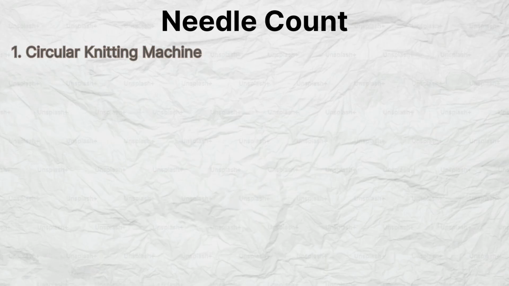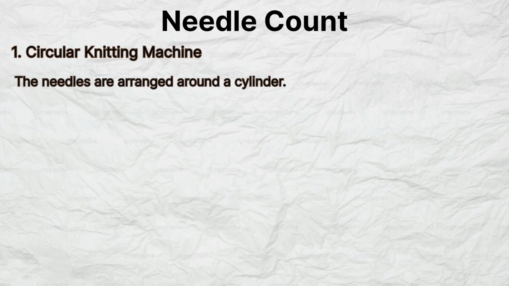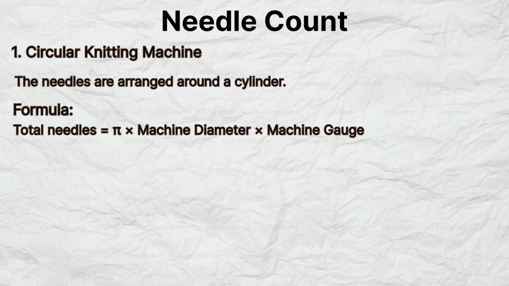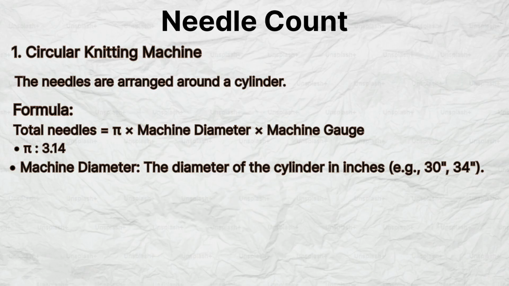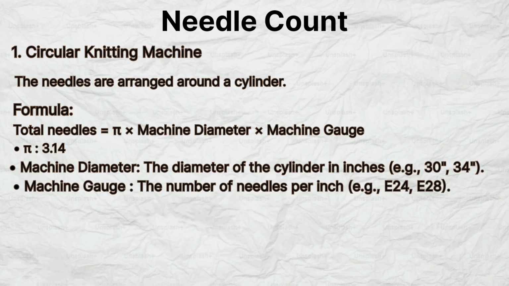So now we will discuss how to count the total needles in a machine by using a formula. For a circular knitting machine, the needles are arranged around the cylinder. So the formula is pi into machine diameter into machine gauge. Pi value is 3.14 as we know, and the diameter of the cylinder is in inches. It can be 30 inches, 34 inches, etc. And the number of needles per inch is known as the gauge of the machine.